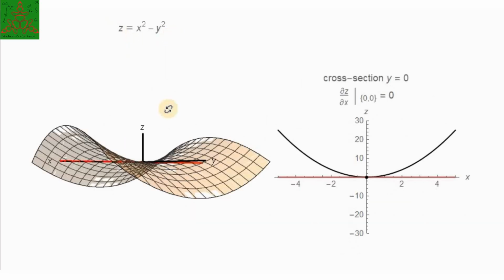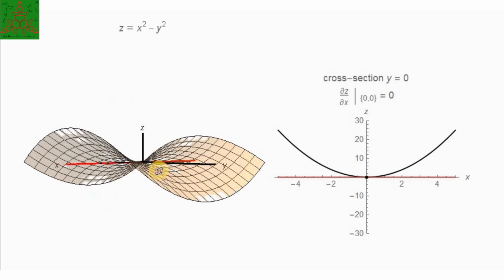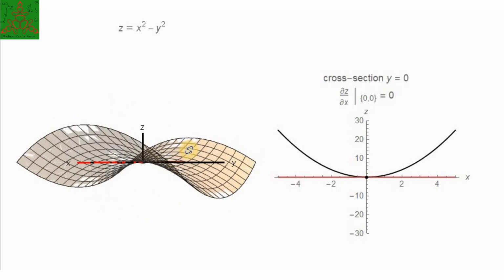So here, the surface z equal to x square minus y square is plotted. This is what the surface looks like. What we will do is see the partial derivative of this surface with respect to x at the point 0, 0. That means we are just taking the cross section y equal to 0. So first of all, we'll put the y equal to 0 plane here.